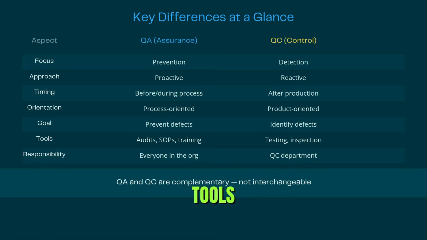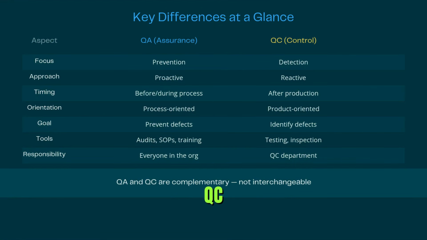QA uses tools such as audits, SOPs, training, while QC performs testing and inspections. And in QA, everyone is involved in the process, whereas in quality control, only the quality control technicians or the department are involved in that.